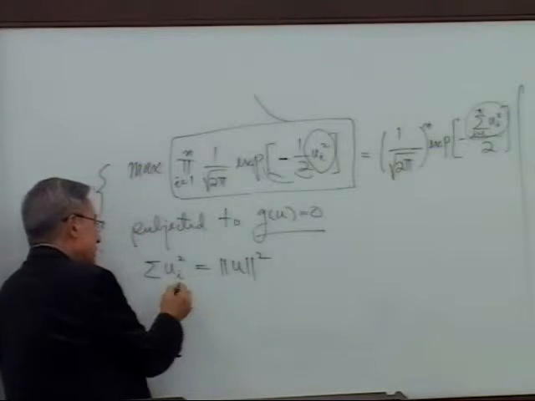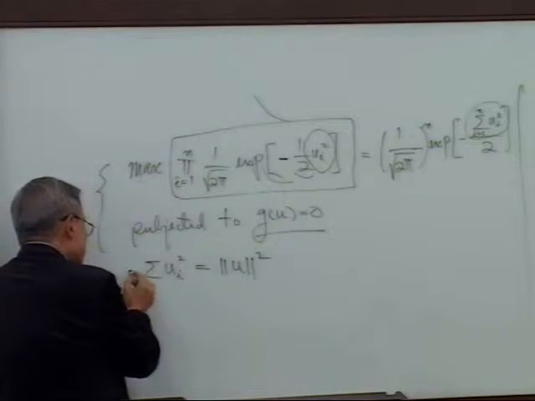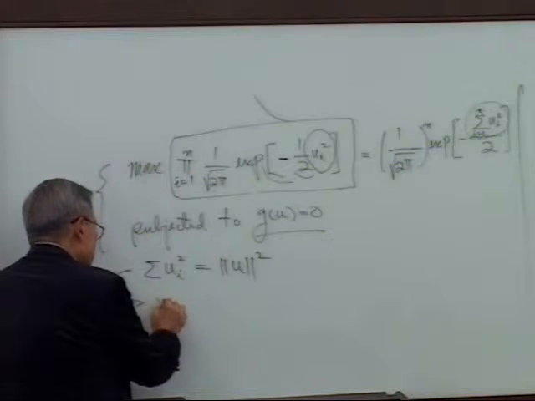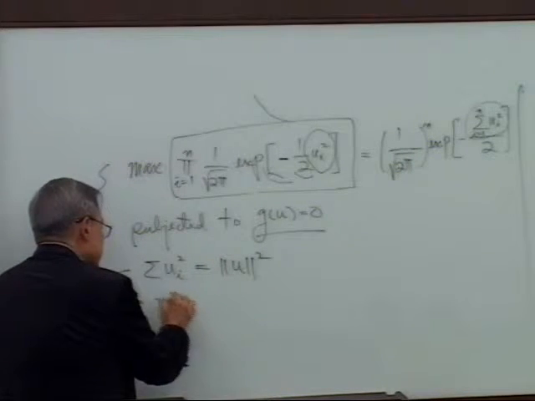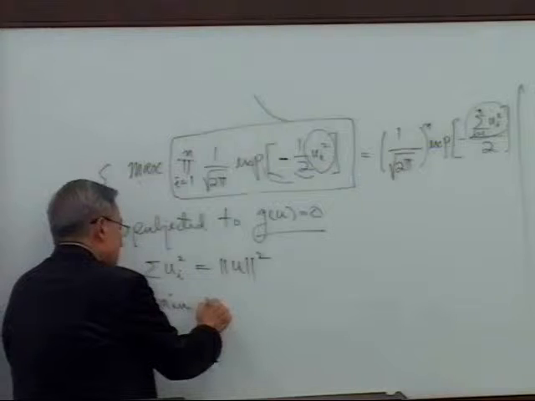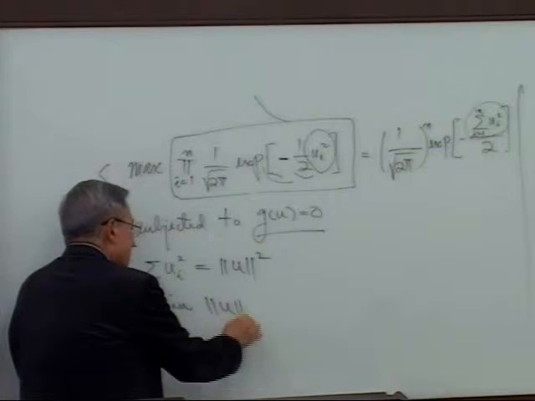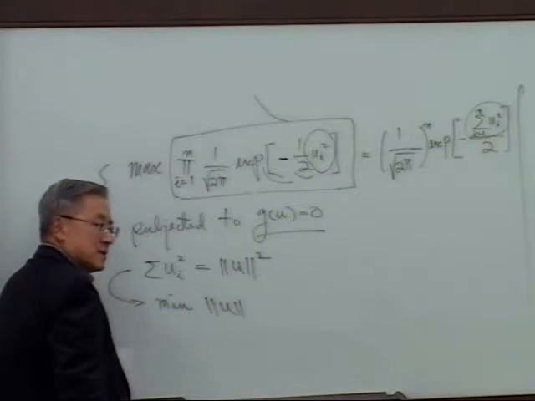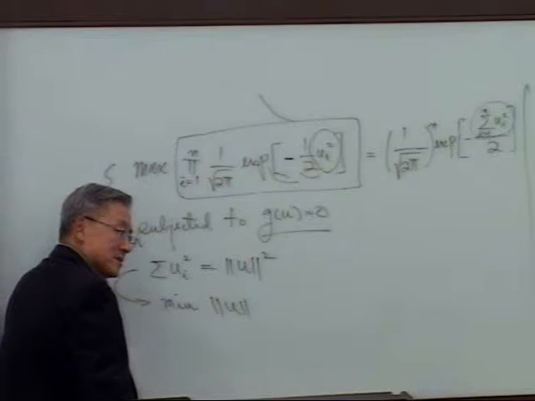Okay? So now the problem is we're going to reduce it. Rather than maximizing, we're going to minimize this over square is the same thing, right?